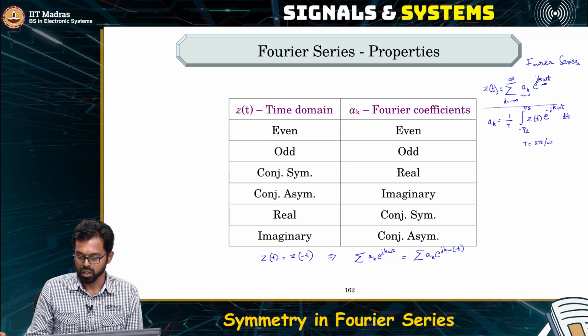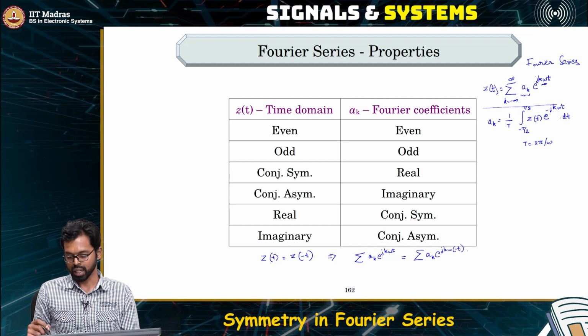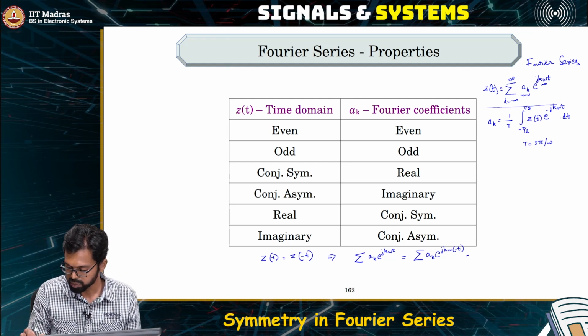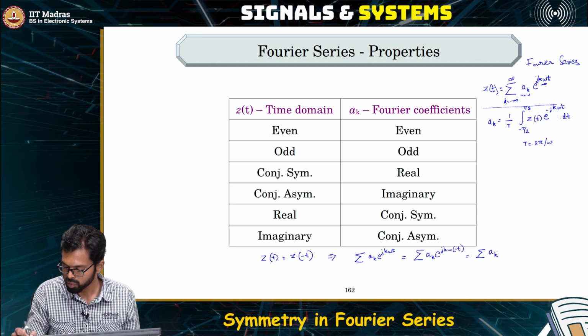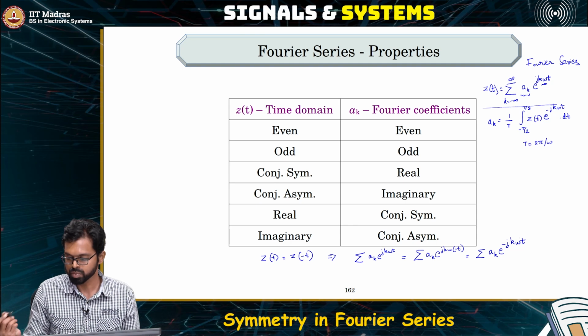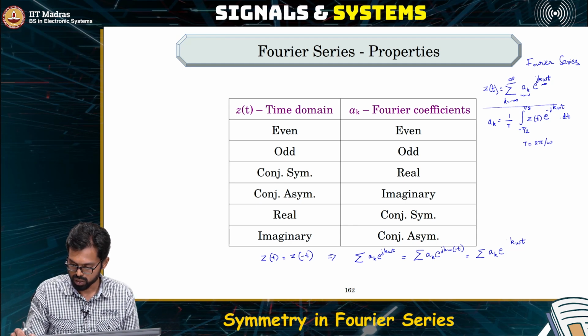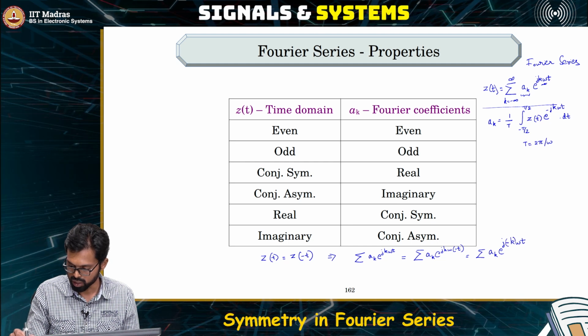This is what it means. So what does this mean? By looking at the right hand side, you can say that this is in fact nothing but e power minus jk omega t, or in other words, we can consider that minus sign for the k.